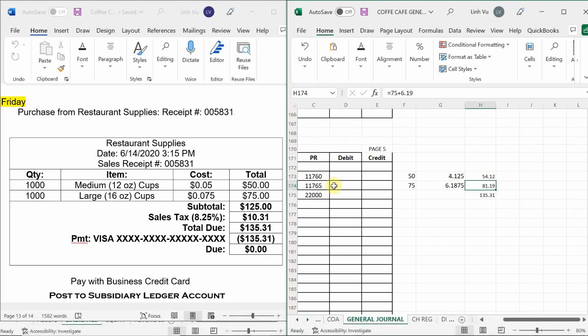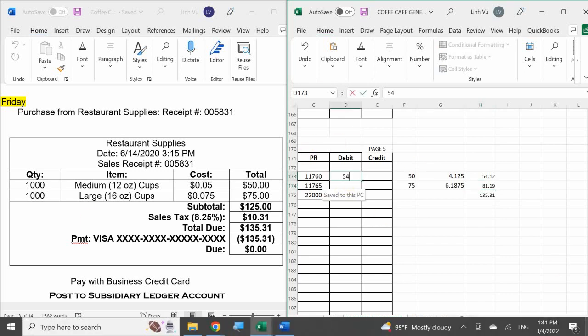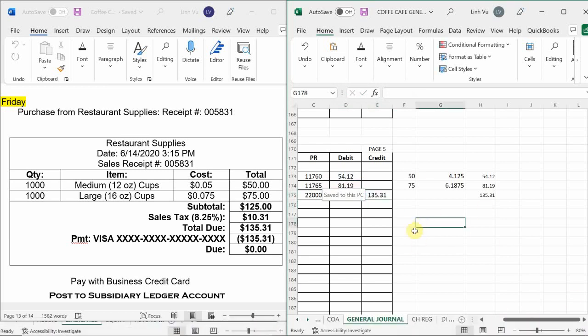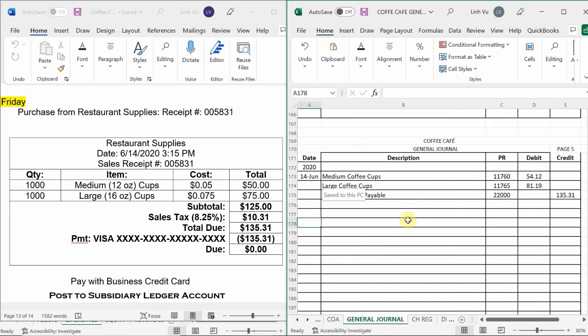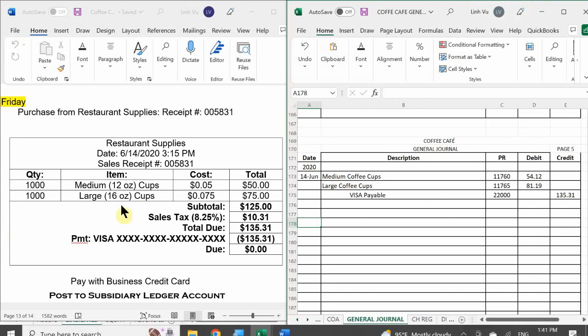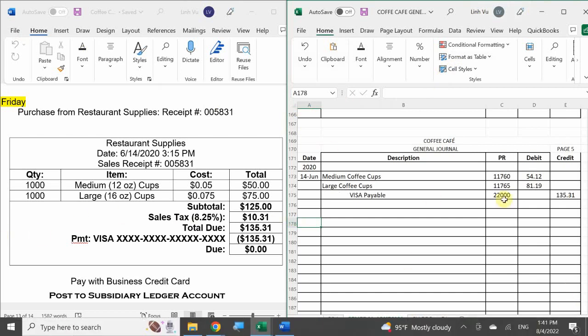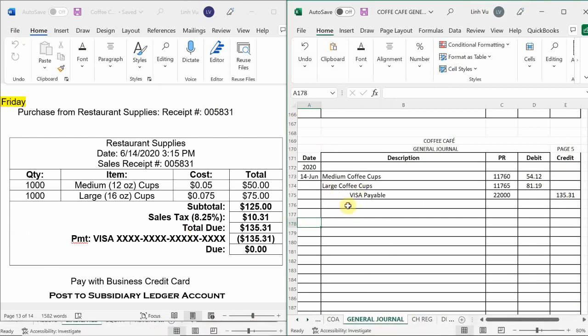So in this case, that's exactly what I'm going to do: $54.12 plus $81.19, and that's going to give me my grand total of $135.31. What else? Okay, that's it.